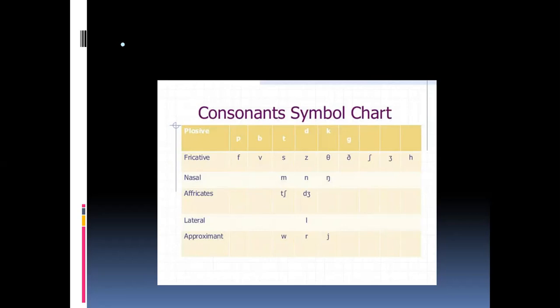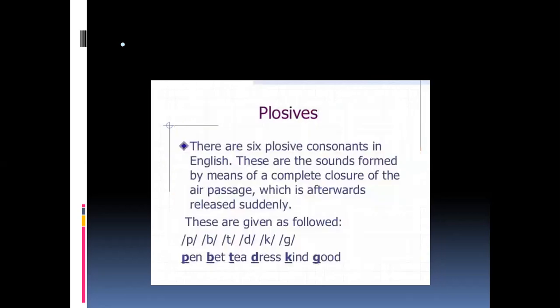Now let's discuss the consonant sounds individually here. Plosives. Especially there are 6 plosive consonants in English. These are the sounds formed by means of complete closure of the air passage, which is afterwards released suddenly. So such sounds come under plosive.